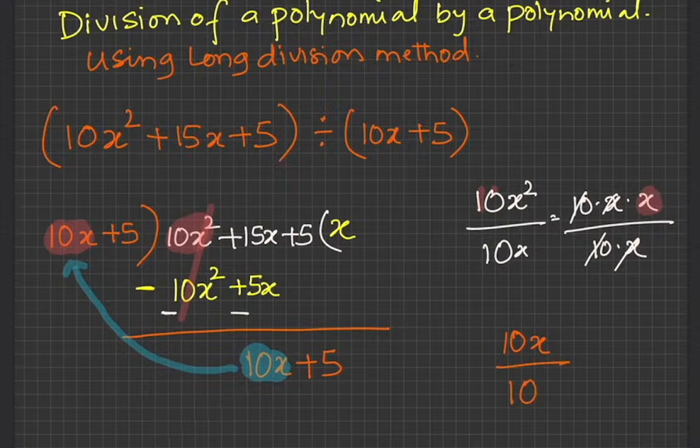So what is it that I get? I get 1, correct? So it will be 1. Right? So minus 10x plus 5.